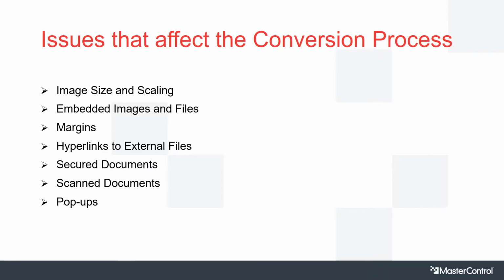This is images in your document that may be larger than they appear. Embedded files and images, like Luis talked about a little bit, a Visio drawing or something you've put right into your document. Sometimes that will cause some issues. Margins, again, we've talked a little bit about having half-inch margins, so we'll go over how to check those and what kind of errors you normally see with that.